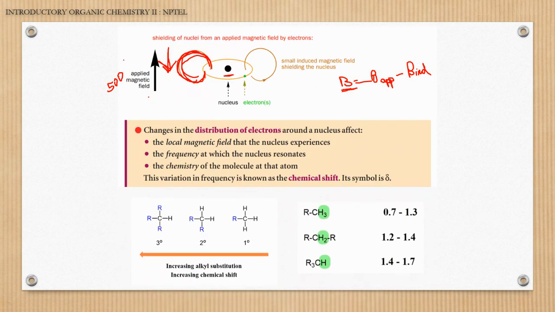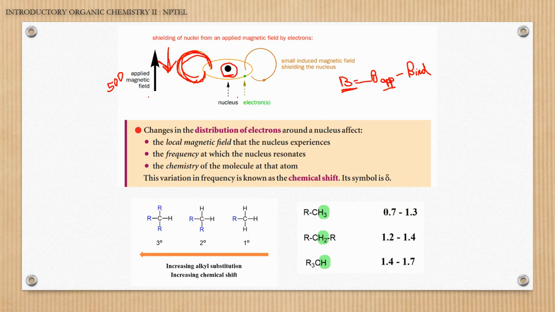So now just tell me, if the induced magnetic field is higher, then what will happen? The magnetic field which your nucleus is now experiencing is less than the applied magnetic field, right?